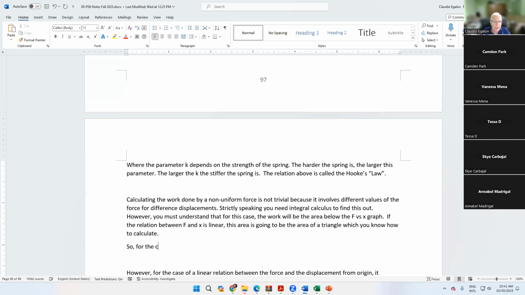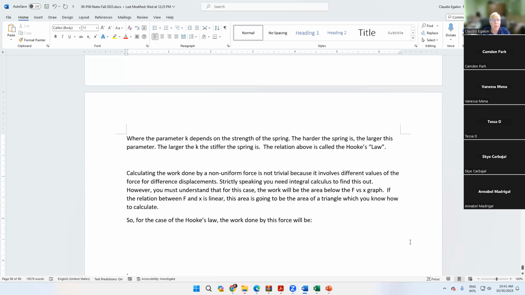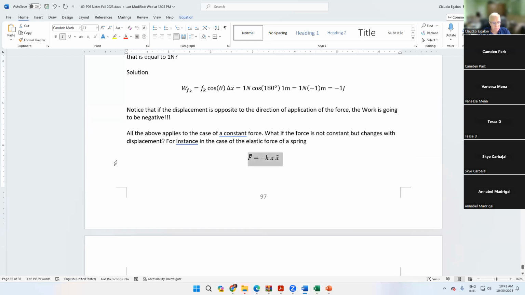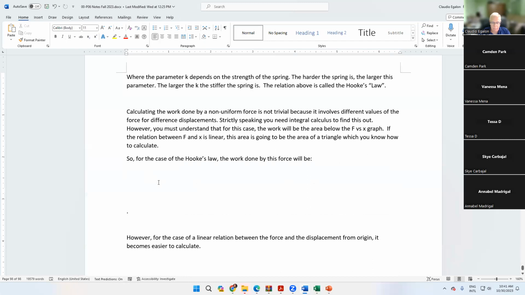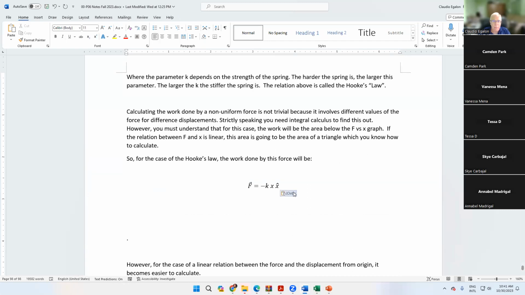So, for the case of Hooke's law, the Hooke's force law, the work done by this force will be, okay, it's going to be what?